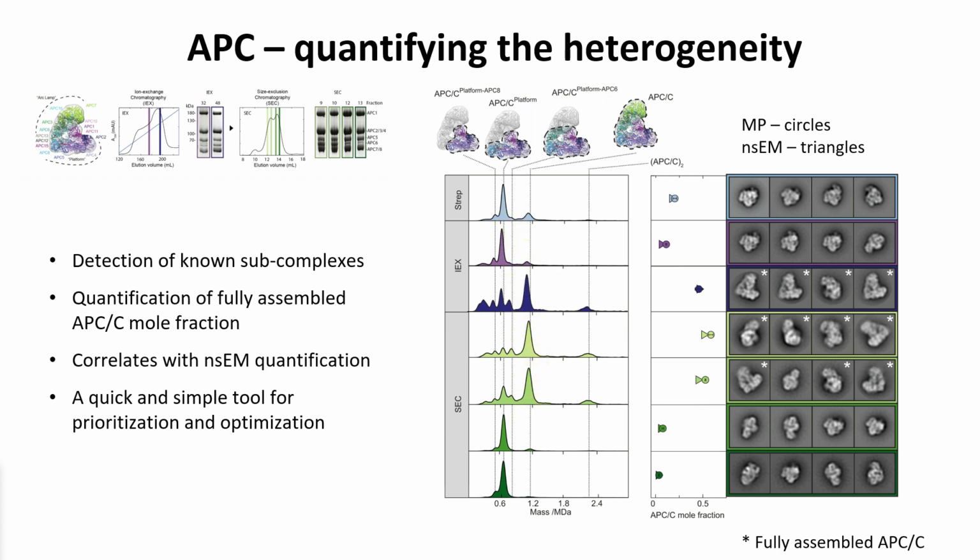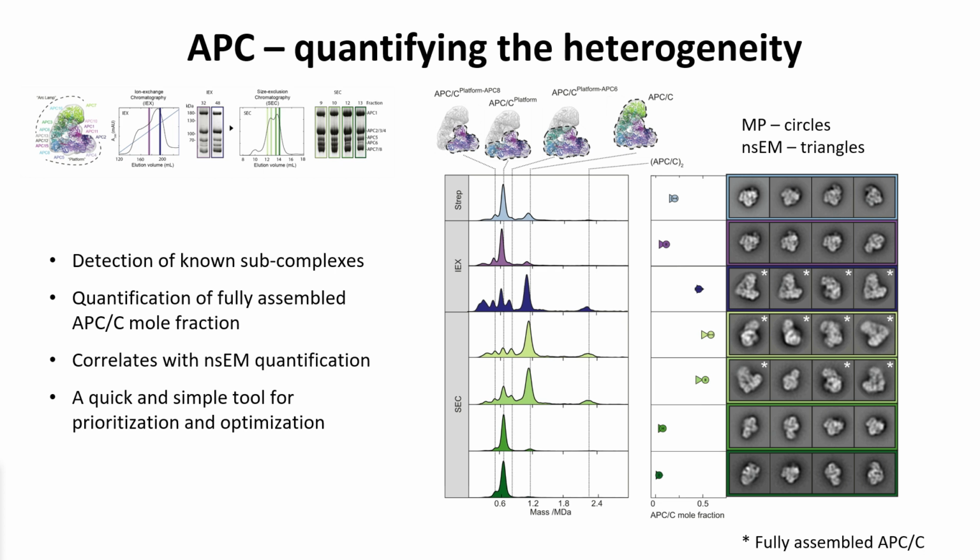And just by looking at this, you can say roughly which sample is the best sample to take to your cryo-EM studies. We wanted to do it also in a quantitative way. So we quantified how much of the full complex you have in each sample. And this is this graph here, where the circles are the quantification of mass photometry.